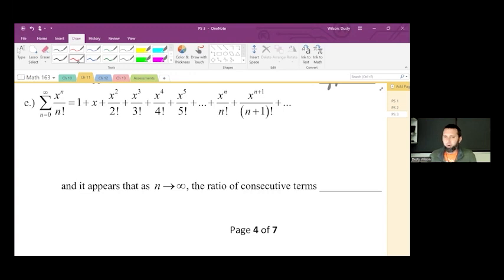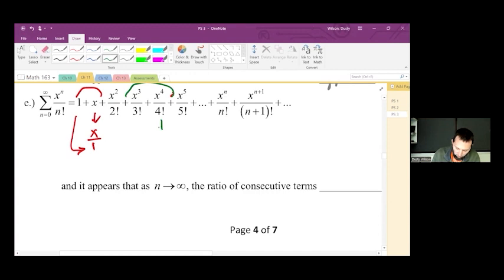Last example for this exploration. So again, we're going to look at consecutive terms. If I look at those first couple of terms, I'm going to get x over 1. Then if I go a little farther, I would get x to the 4th over 4 factorial divided by x to the 3rd over 3 factorial, which simplifies.